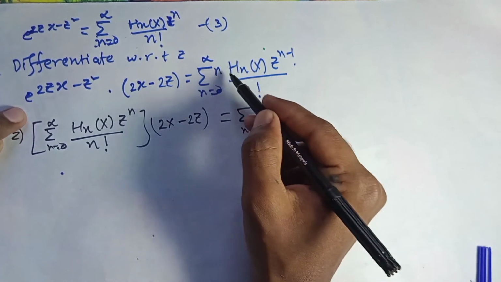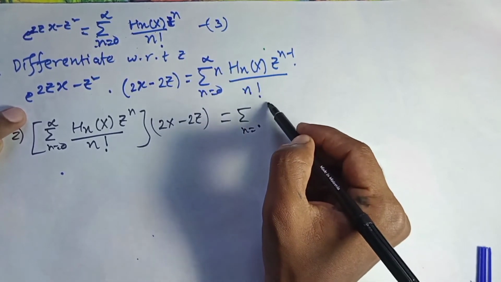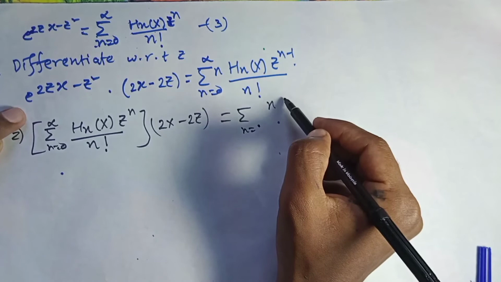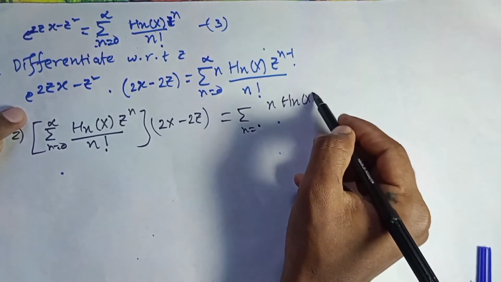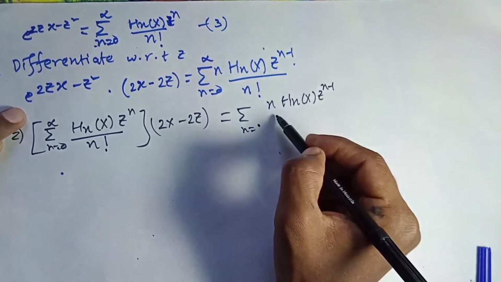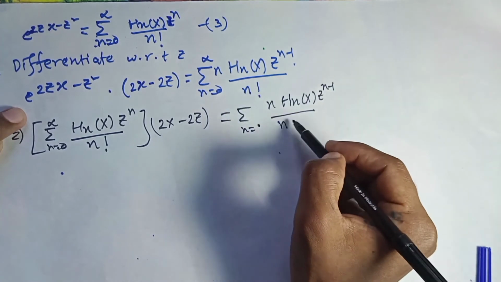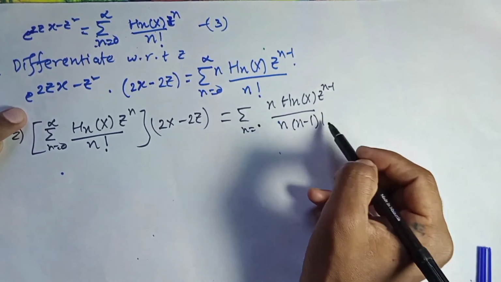We can write this as n into Hn of x, z to the power n minus 1, divided by n factorial, which can be written as n into n minus 1 factorial.